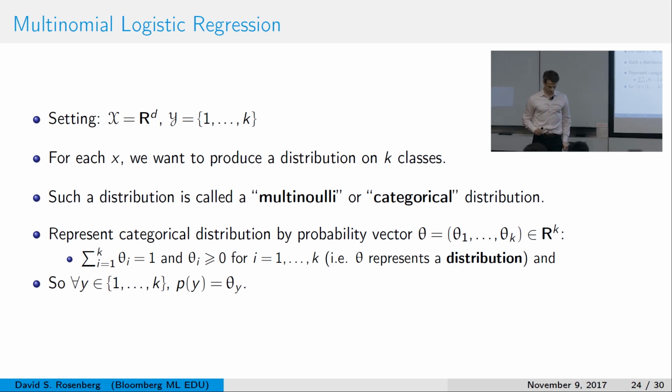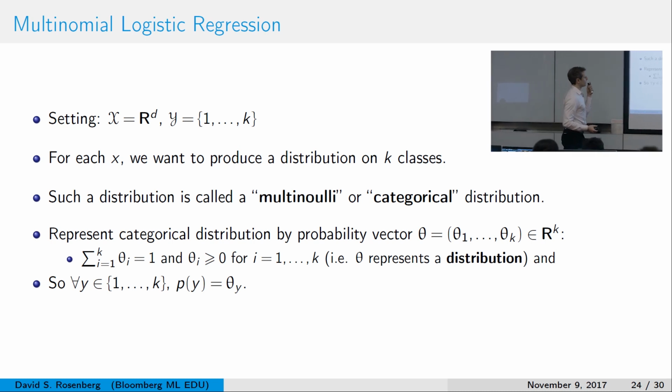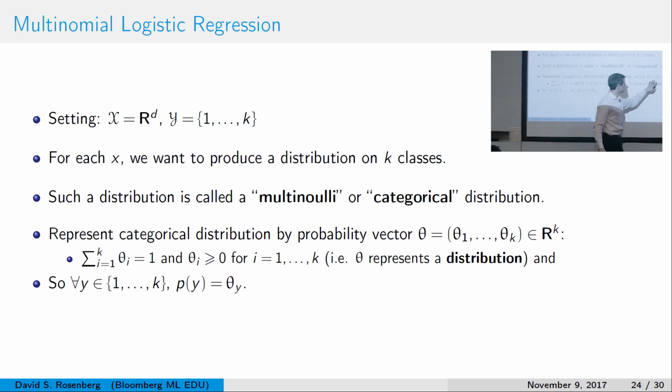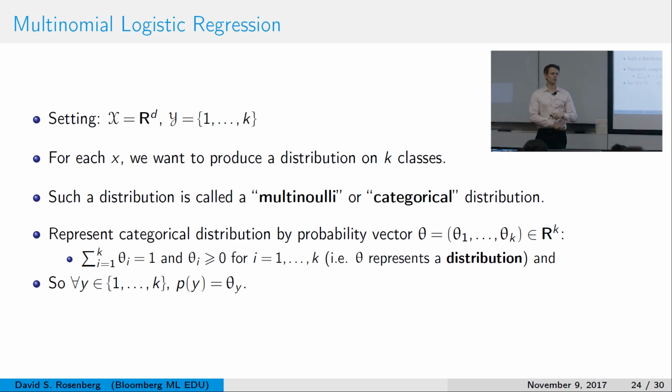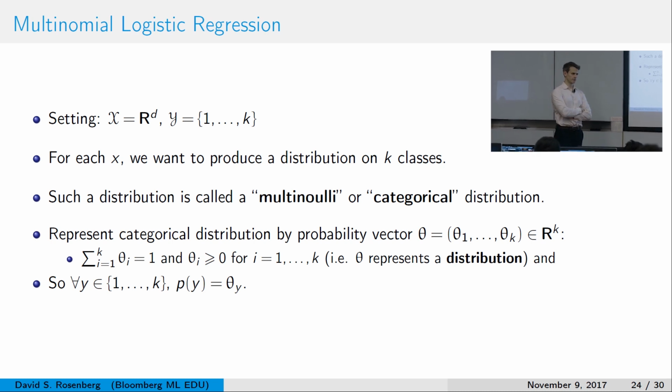So we are going to need to start with x, and we're going to map it into some space from which we need to get this vector theta 1 through theta k. And whereas for Bernoulli regression and all the methods we've talked about so far, we've mapped our x into a single number, now what we're going to do is map it into a vector of k numbers. All right?